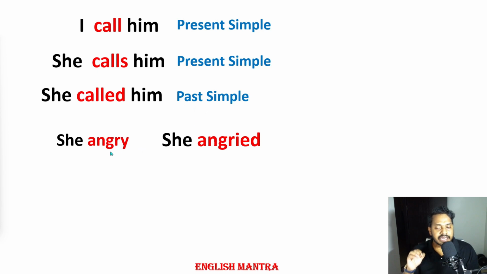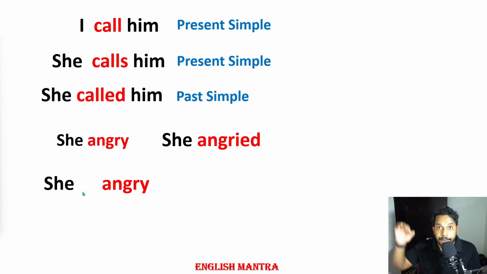But angry is not a verb, it's an adjective. Only verbs have verb forms. By seeing the verb forms, we can identify the tense. Since angry is not a verb, we can't identify whether we are talking about present or past. How can you say that a person is angry at present? You must use a be form. So see, she angry, there is no tense.